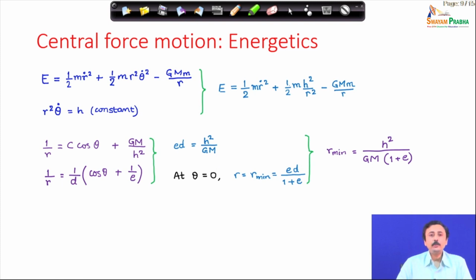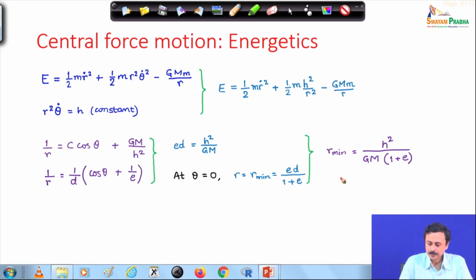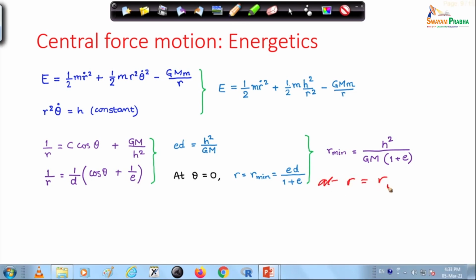Now, why am I doing this? Why do I want to find out r min? I want to find out r min because at r equal to r min, r dot is 0.